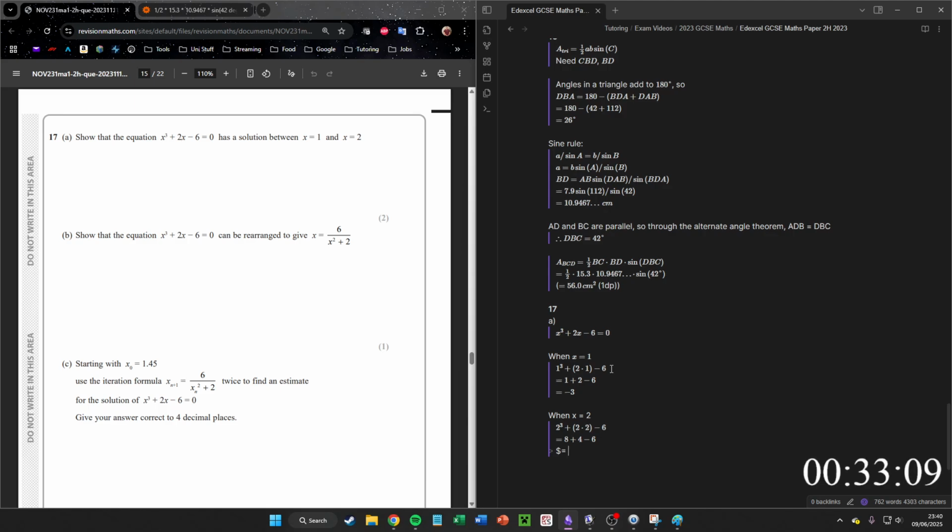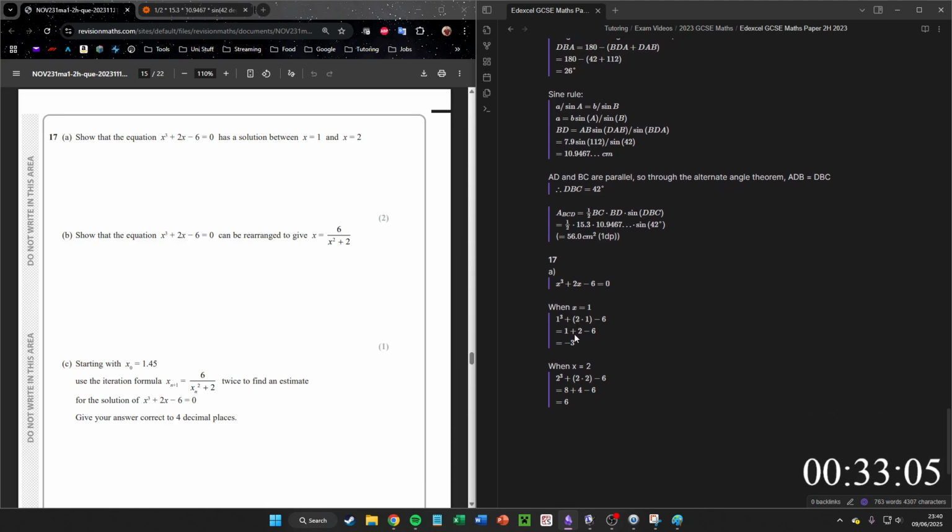So we can see clearly that when x equals 1, the output is negative. When x equals 2, the output is positive.